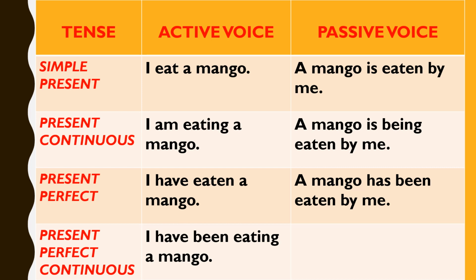A mango is third person singular. So since it is third person singular, the be form of the verb to be added over here is. And we know already, in the first video you have come to know, that the verb must be written in past participle form, or V3. So eat, ate, eaten. A mango is eaten by me. So this is how you need to change a sentence from active to passive.